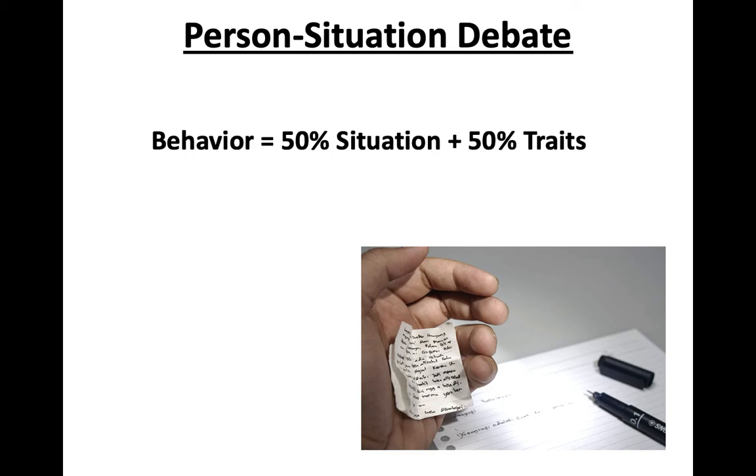In fact, research has shown that on average, the effect of the situations that we find ourselves in is about as large as that of personality traits. Okay, so we can say that our behavior is half the situations that we find ourselves in and half our personality.